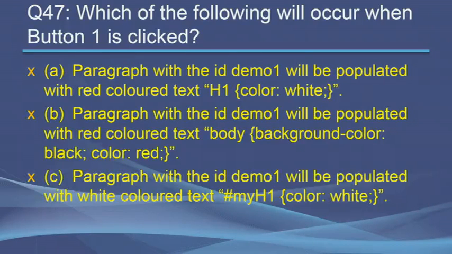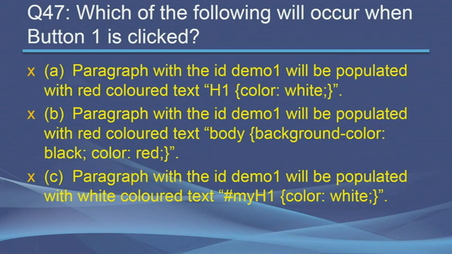So if you look at question number 47, which of the following will occur when button 1 is clicked? A, paragraph with the ID demo1 will be populated with red colored text, h1 color white. That is incorrect. Paragraph with ID demo will be populated with red colored text, body background color black, color red.